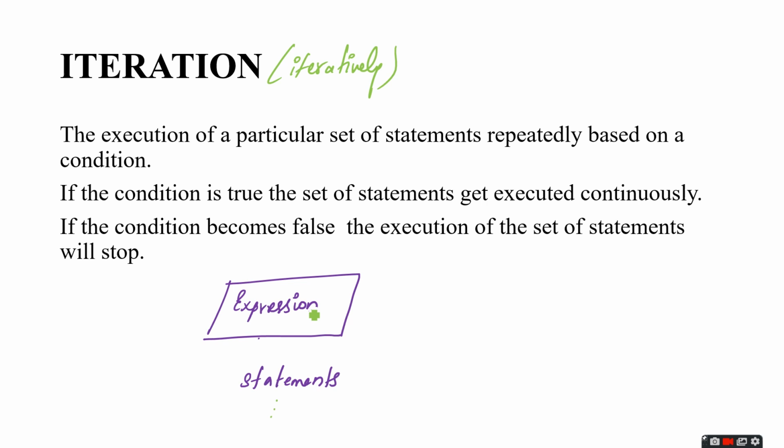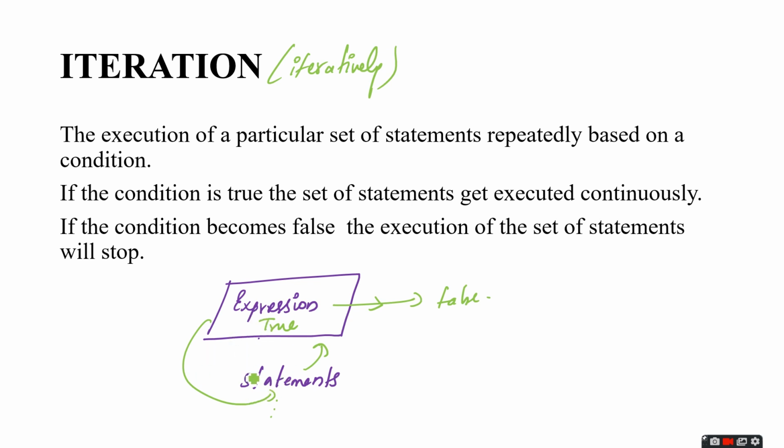Now one expression is there. While the result of the expression is true, the statements will be executed continuously. When the result of the expression becomes false, the statements will not get executed. Till the result is false, the statements get executed continuously. That is known as the iteration method.